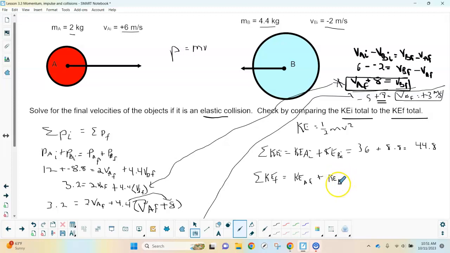You can verify it using the kinetic energy equation, but you just do this for each term. So 0.5 times 2 times the final velocity of A, which was negative 5, so 5 squared is 25. That's going to get you 25. Plus, now we have to do it for B, so it'd be 0.5 times 4.4 times 3 squared, which is 9, and that gets you 19.8.